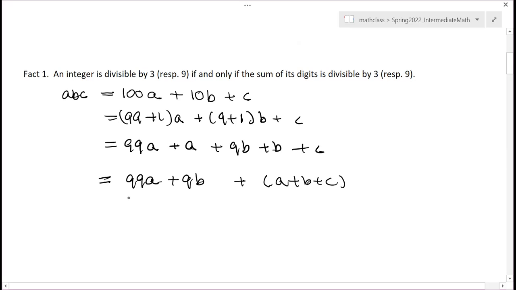So clearly, this part is divisible by 9. Of course, it's divisible by 3, right?